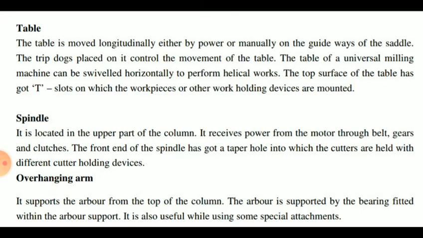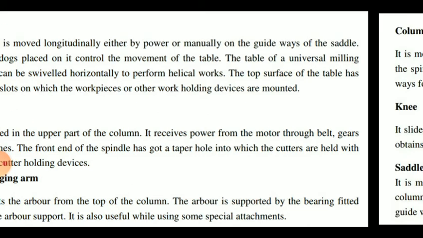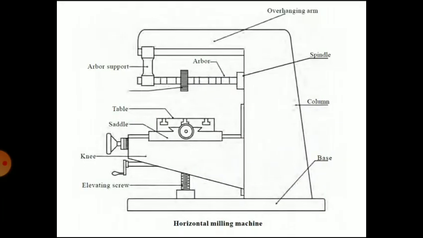Then the spindle. The spindle of the machine is located in the upper part of the column. So in the column, you can see the name given for the spindle. It is inside the column. It receives the power from the motor through belts, gears, clutches and transmits it to the arbor.